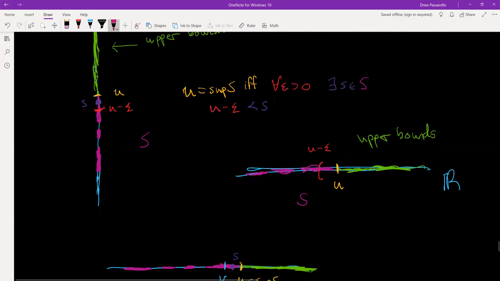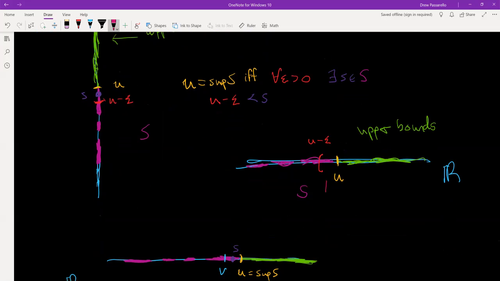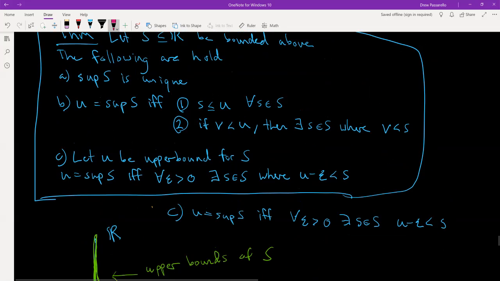So we have, these are my values in S, where s is greater than U minus epsilon. All right, that's demonstrating the third bullet point just as a picture.